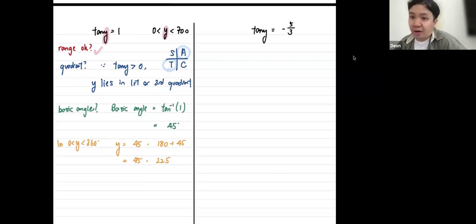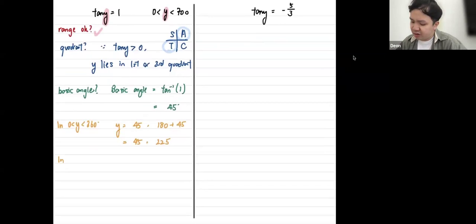I know this is not enough because I need to go up to 700, but now I've only considered up to 360. So I need one more circle, right? So in the next circle, 360 to 720. Notice that this is 720, not 700, because I want to consider the full circle first.